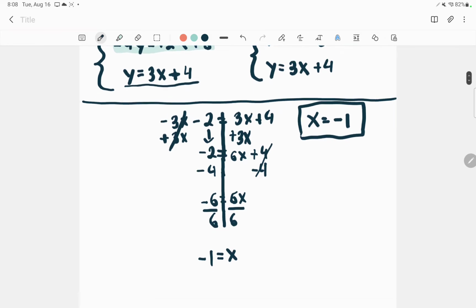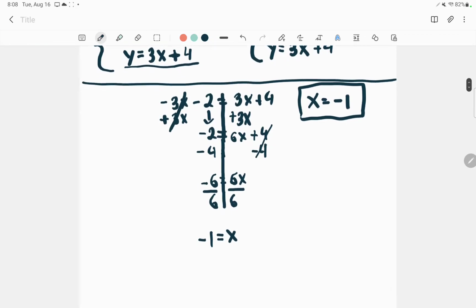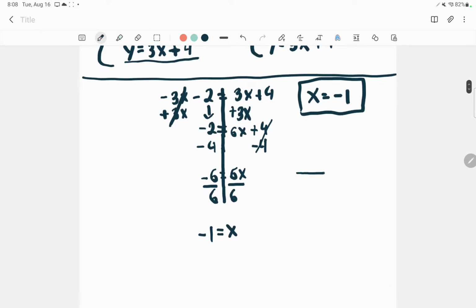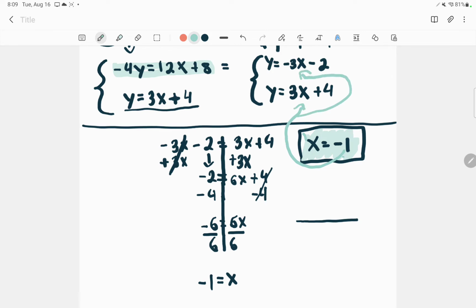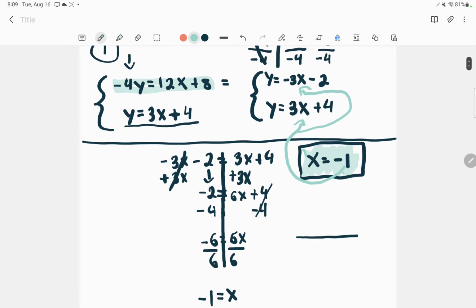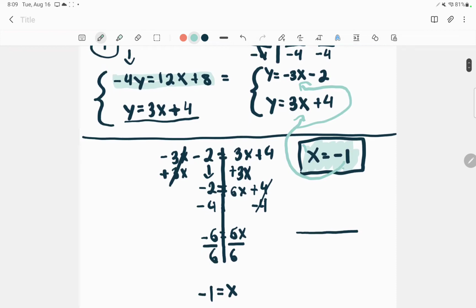Now, I need to figure out my second answer, right? So I'm going to do it right here. Now, I already know what my x is. This x is equal to negative 1. What can I do with that? Actually, I can grab that and I can put it where? I'm going to grab this, the negative 1, and I'm going to plug it into one of my two equations for x. Doesn't matter which one I pick. So I'm going to pick the second one because it doesn't have a negative.